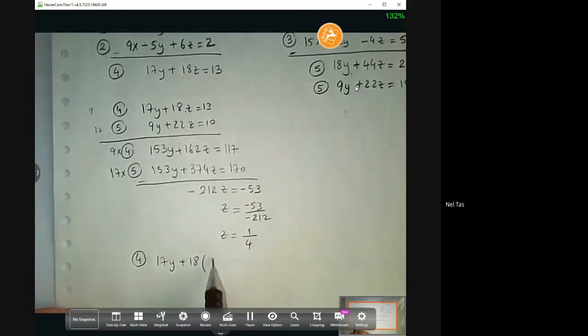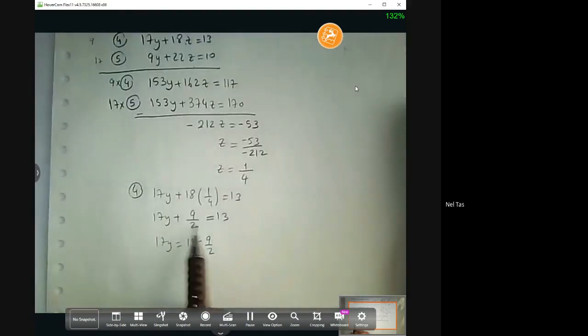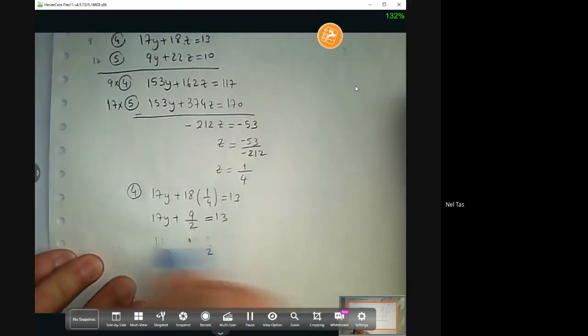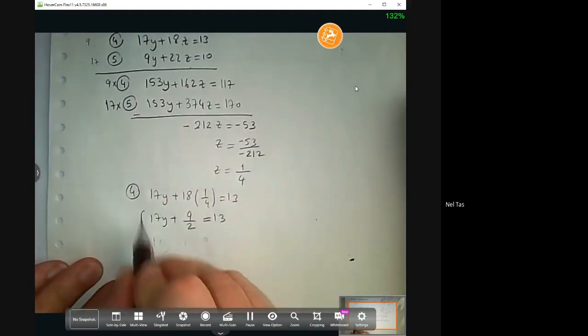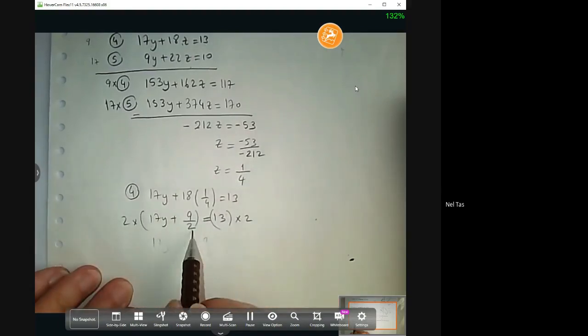17y plus 18 times 1 over 4 equals 13. 17y plus 9 over 2 equals 13. 17y equals 13 minus 9 over 2. Actually, you can multiply everything by 2 to get rid of that fraction. That would also be a good idea. So let's do that one in this case. So you can multiply everything by 2. That will eliminate the fraction.